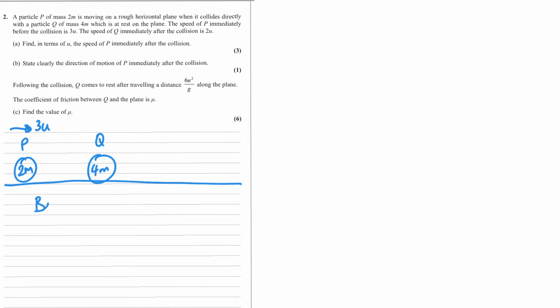So this is the before. Then let's look at the after. After, we know that Q is moving at 2u. It doesn't tell us anything about P at that point.